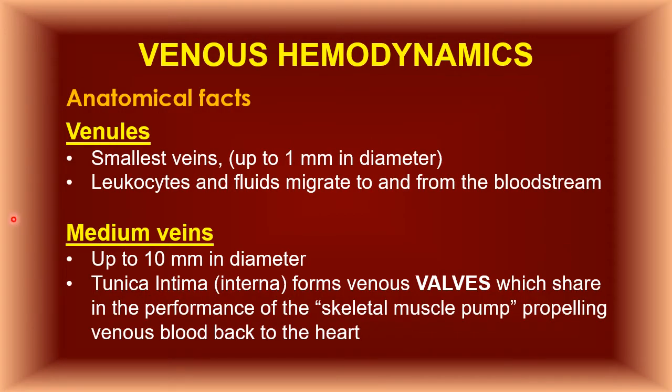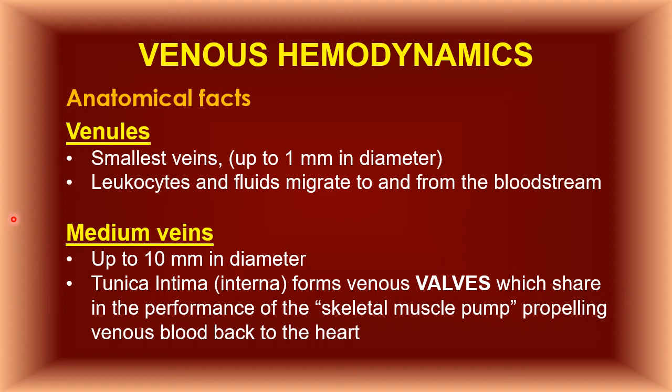Some anatomic facts about the veins in our body. We have the venules. Venules are the smallest of the veins, up to 1 millimeter in diameter. They allow leukocytes, which are the white blood cells, to migrate in and out from the circulation to the tissues and return back to the circulation.